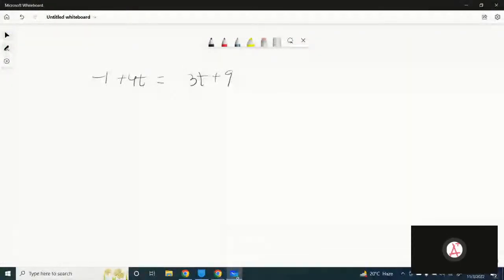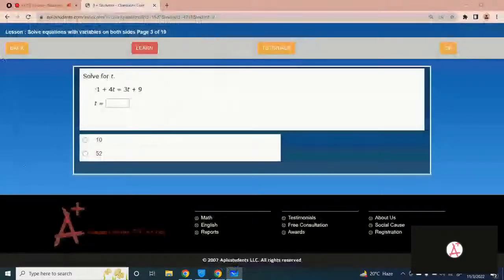So move that 3t to this side. So it would be 4t minus 3t. And move that negative 1 to the other side. It would be positive. So 4 minus 3 is 1t, or either t. And 9 plus 1 equals 10. So the value of t equals 10.